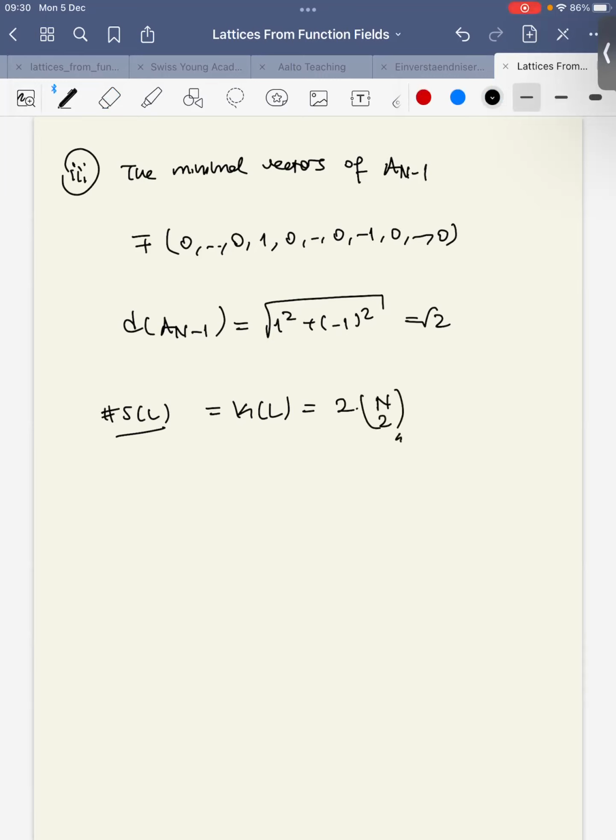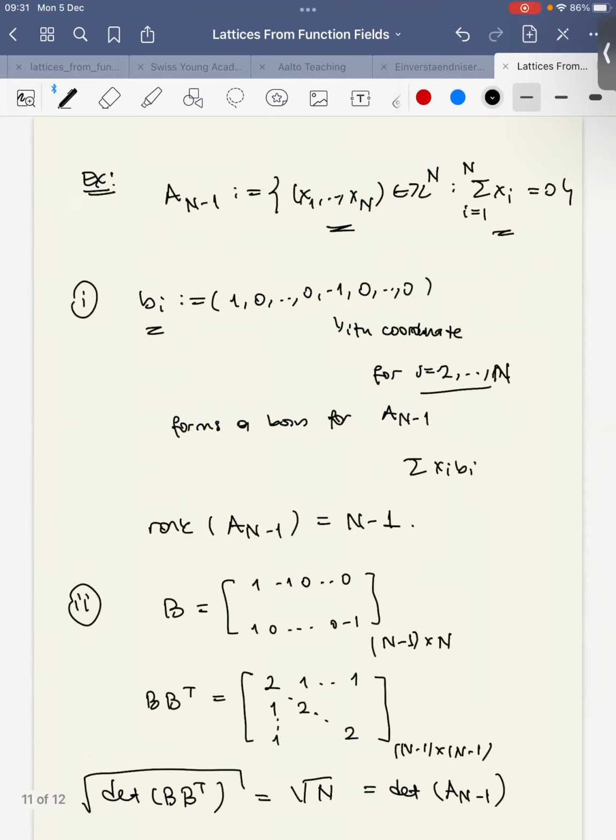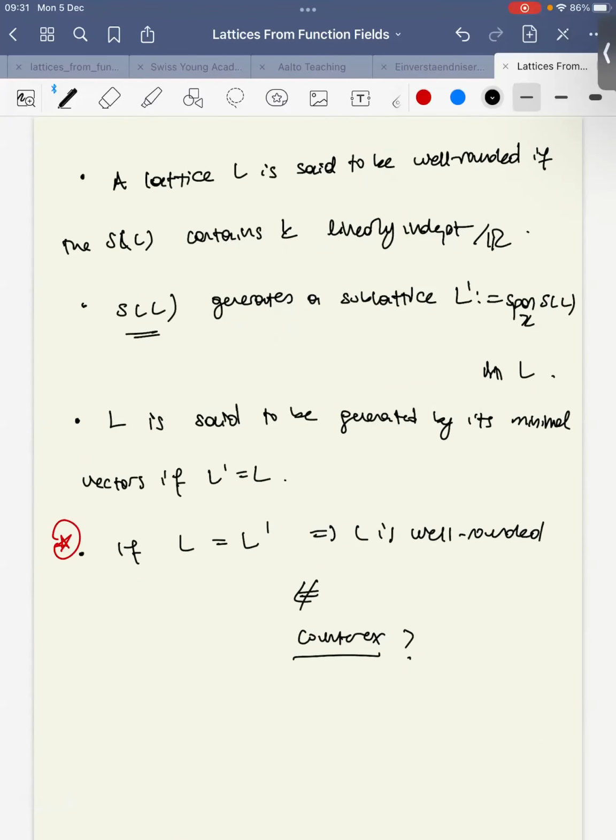So in this case, we want to locate plus and -1 in the n-tuples. So this denotes this choice, and from the plus minus 1, we get twice this quantity. And actually, we can also decide if it is well-rounded or not. So just look at the definition of well-roundedness.